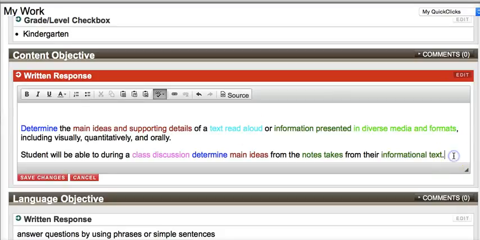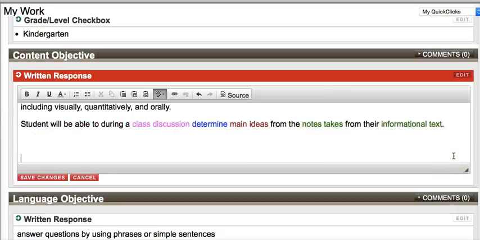I do want you to know that if a standard says they will know, understand, comprehend, use, know, understand, comprehend. I think that's it. These are not measurable in and of themselves.